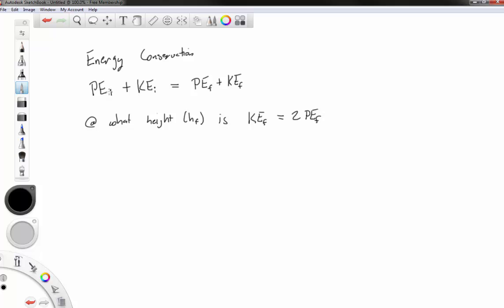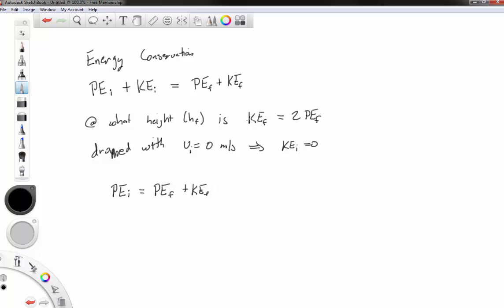Okay. Now it is being dropped with zero speed, v equals 0 meters per second, which implies that the initial kinetic energy is equal to 0. So what all of this is saying is that the potential energy initially should be the potential energy finally plus the kinetic energy finally.